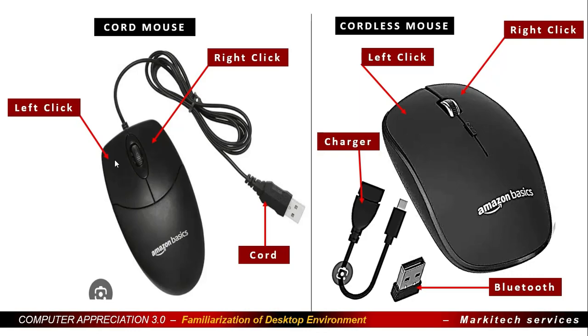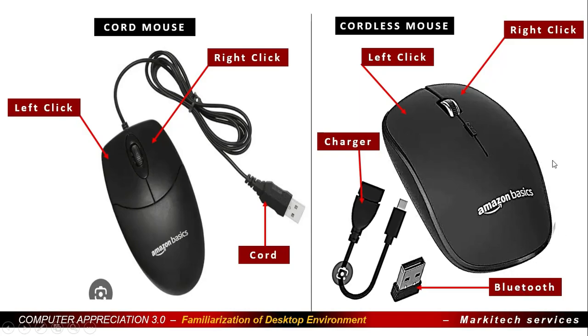Again, the left click helps you to select a particular object or text, and the right click helps to bring in more options that you are to use. That's the difference. The one on my right-hand side is the cordless mouse. The cordless mouse uses a charger, and as you can see, a Bluetooth device.